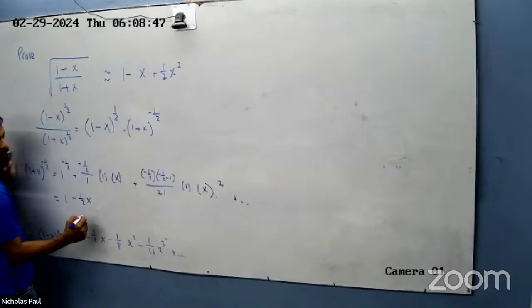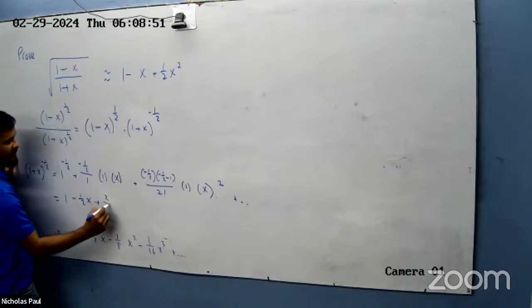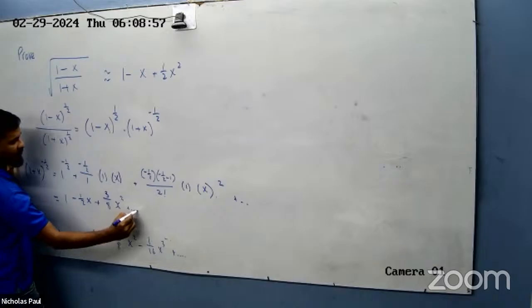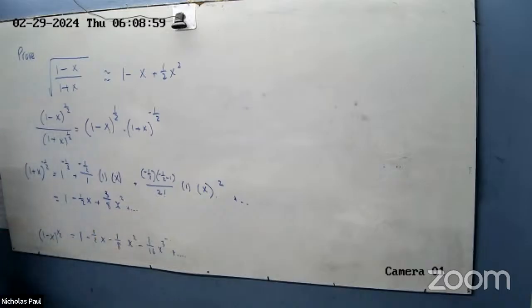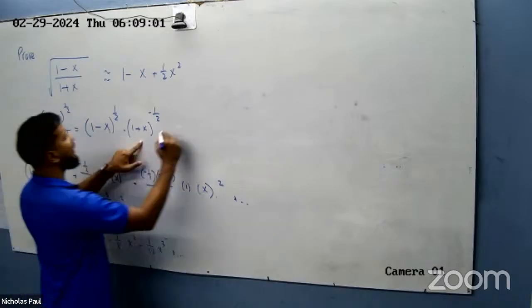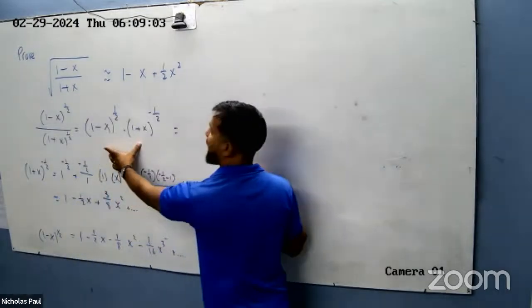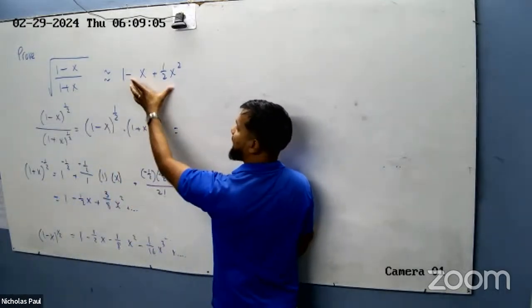Positive 3 over 8 or something. Positive 3/8 x squared. All right, now we're coming back here because we want to show that this is equal to this.